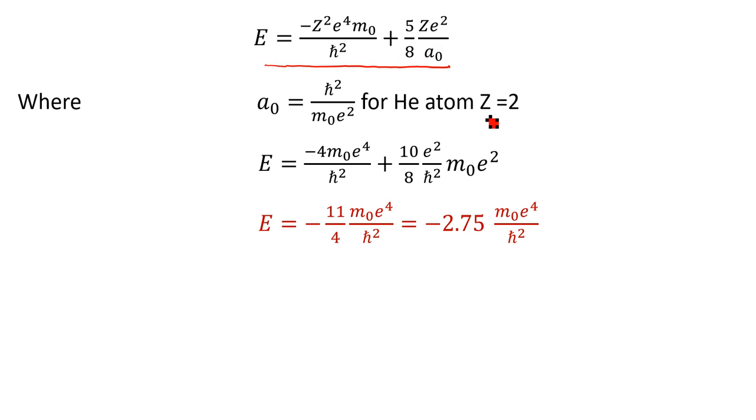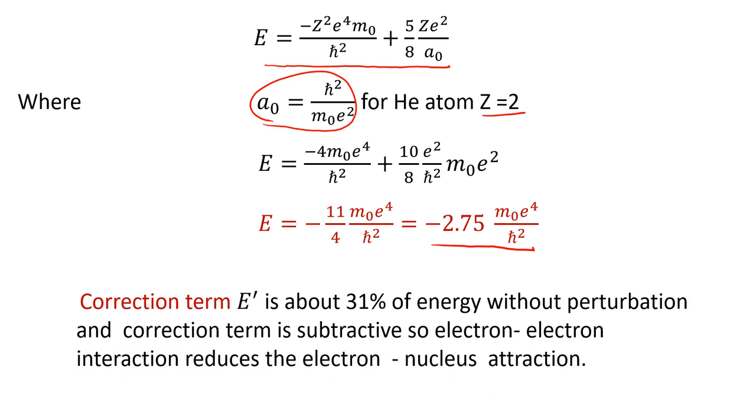For the helium atom, Z is equal to 2 and a naught is equal to this value. After putting, you will get the value of minus 2.75 m naught e to the power 4 upon h cut squared.